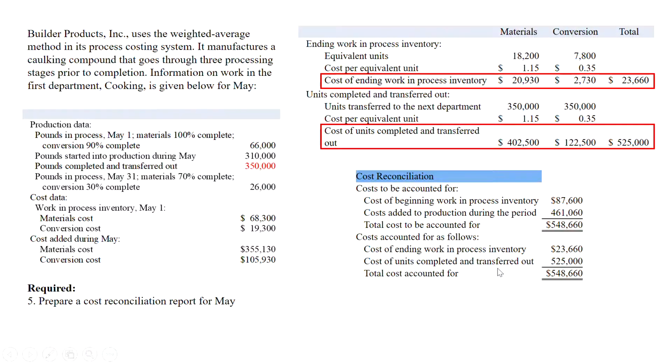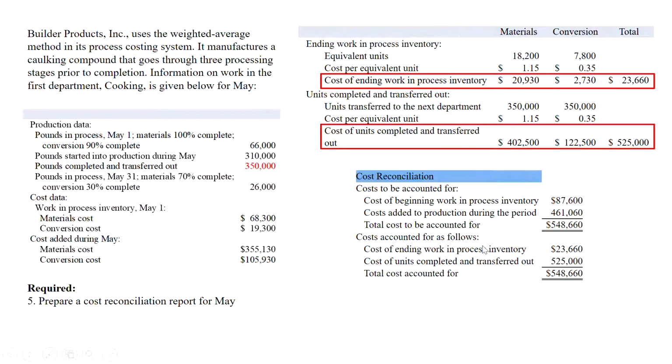Cost of units completed and transferred out is 525,000. If I add together ending work in process inventory and units complete, voila, I accounted for 548,660. What I needed to account for, I did actually account for as follows, and those numbers agree. So I know that it appears that I have solved this correctly.